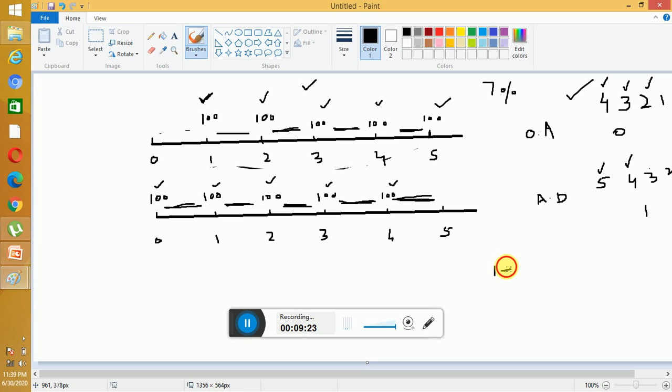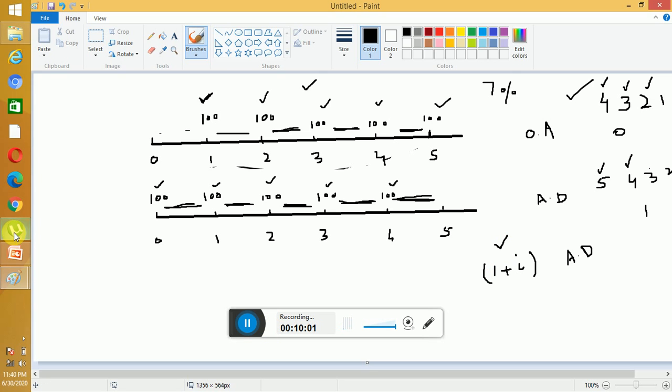That's why in ordinary annuity we do not add 1 plus I, but in annuity due we add 1 plus I. Why? We receive interest 1 more time: 4, 5, 3, 4, 2, 3, 1, 2, 0, 1. So we are receiving interest 1 more time in all these cases.